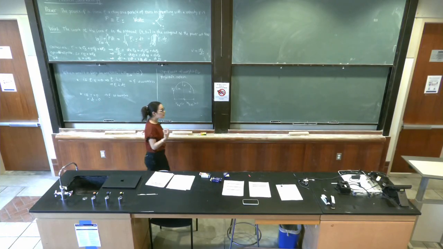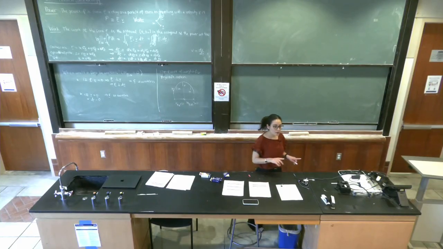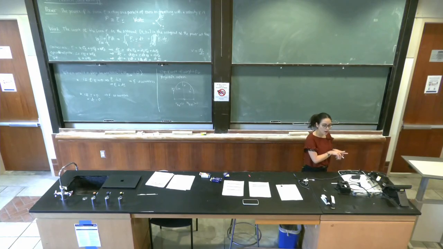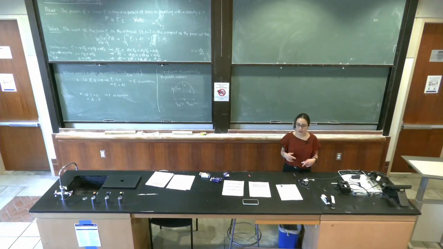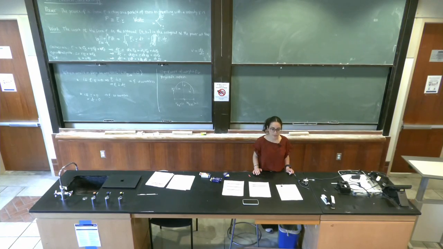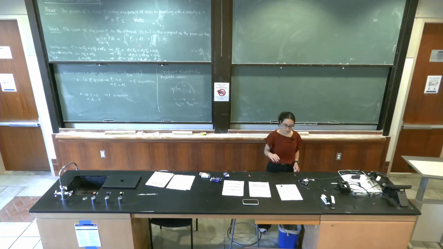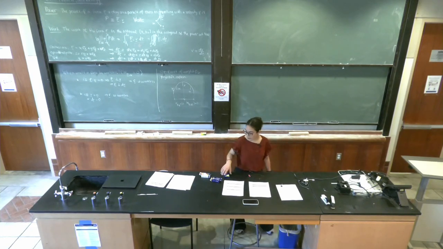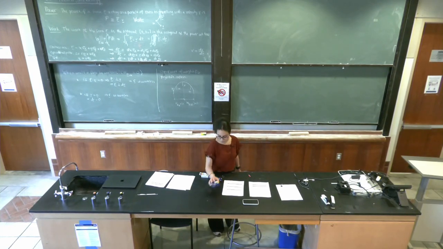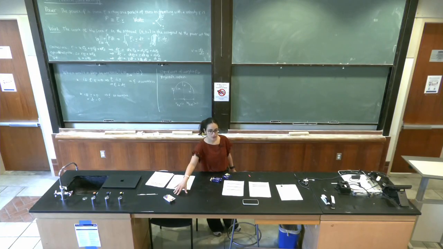So the sign of the work: if the force and the displacement have a positive dot product, then the work is going to be positive. And if their dot product is negative, then the work is going to be negative. So for example, if I have a box of chalk and I push it on the table, what is the work of the normal force acting on the box during its motion? 0.